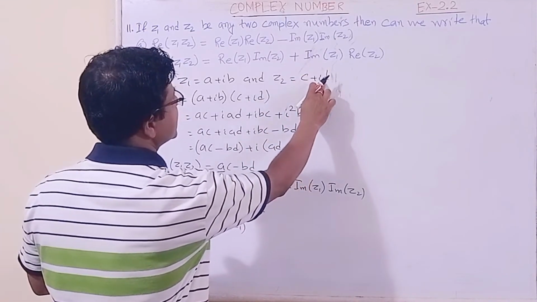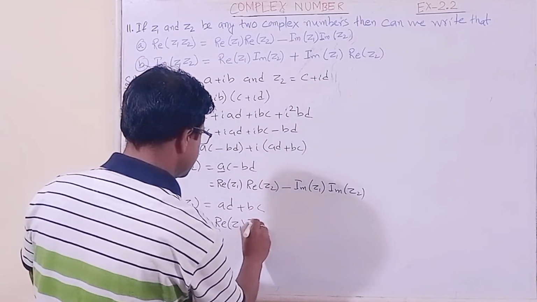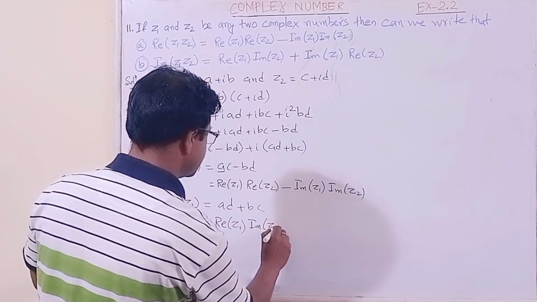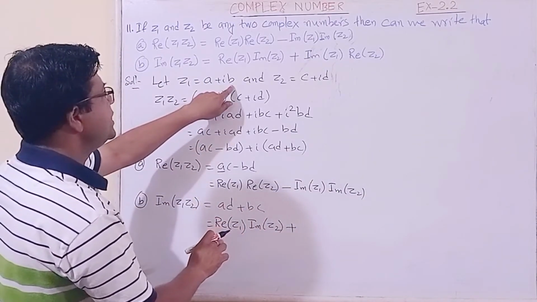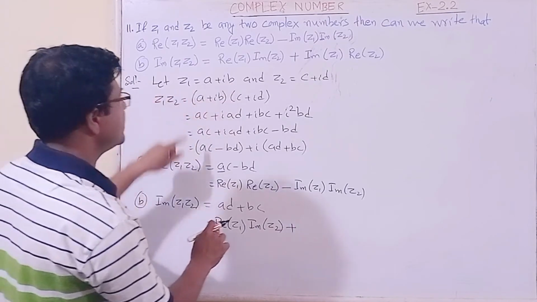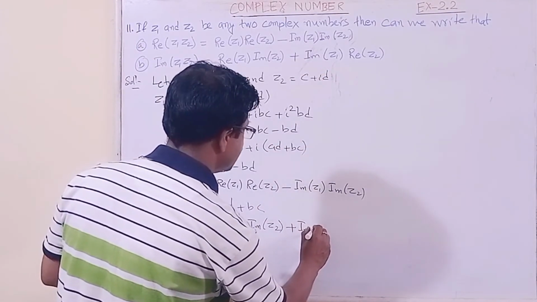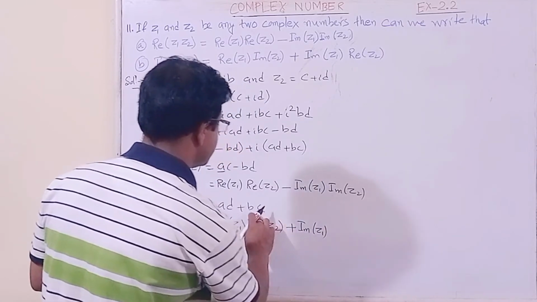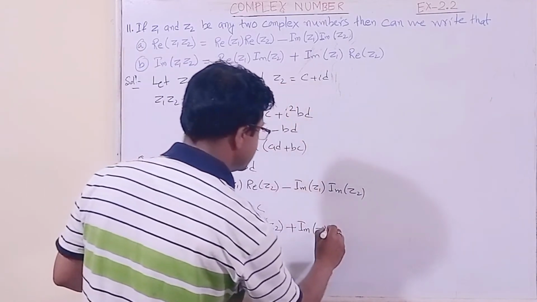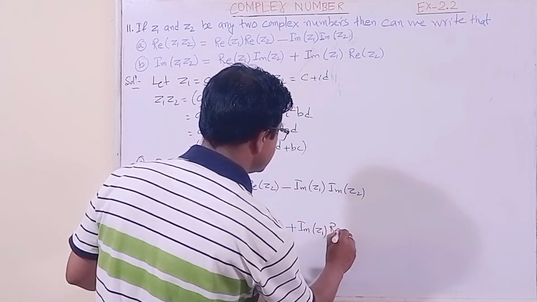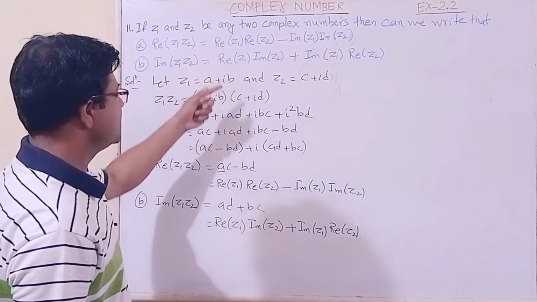The imaginary part of Z2, plus this b. What is b? Imaginary part of Z1. You see, it is matching just like magic. What is c? c is the real part of Z2. Thus we can easily write these two statements.